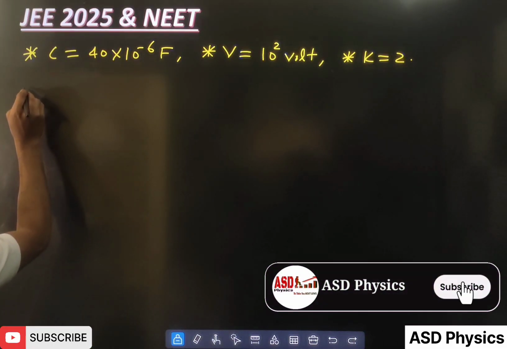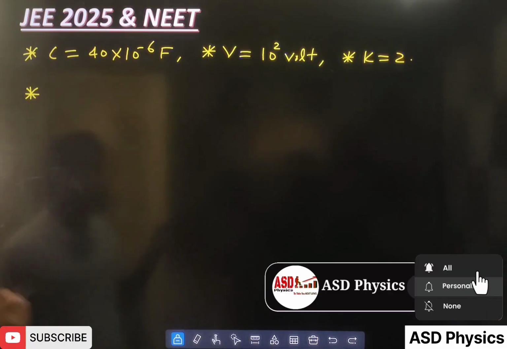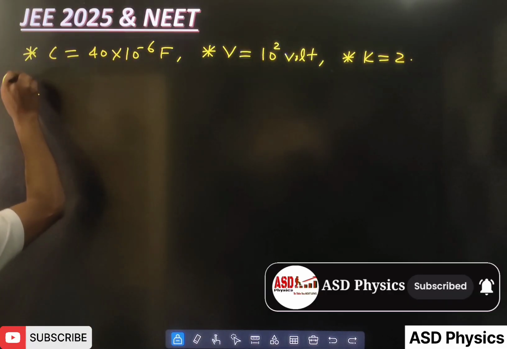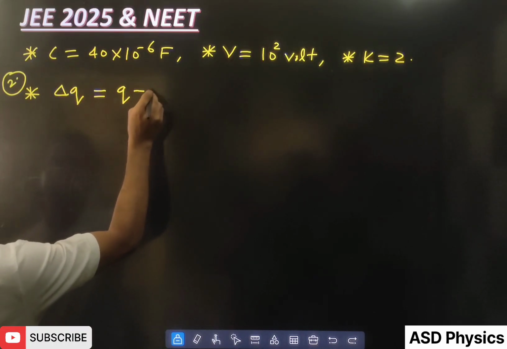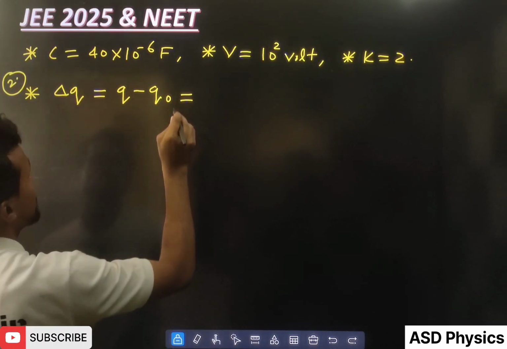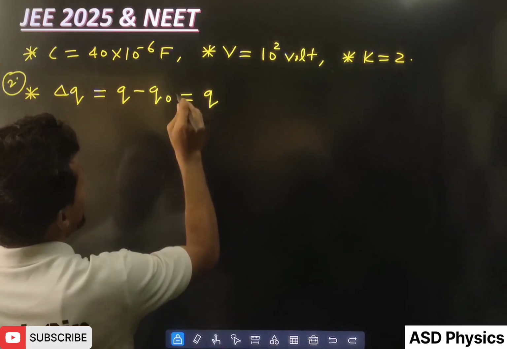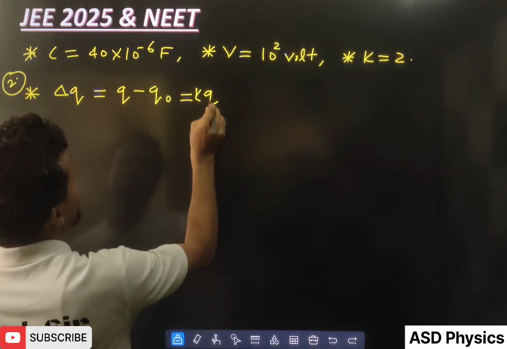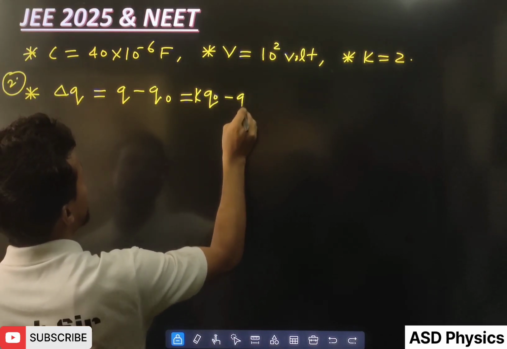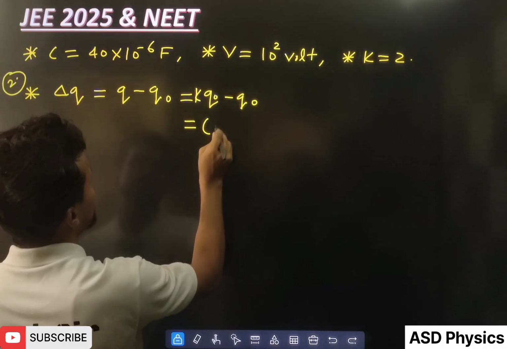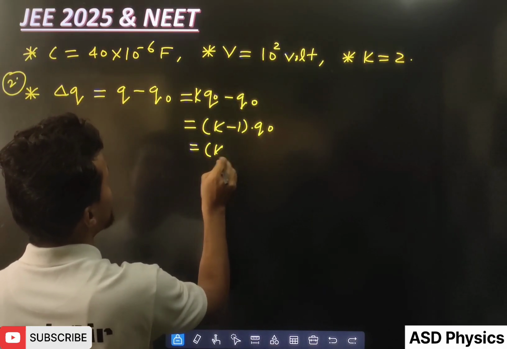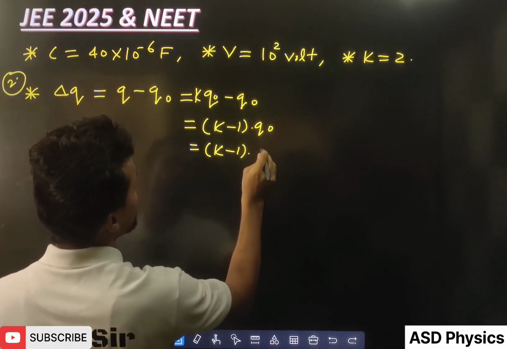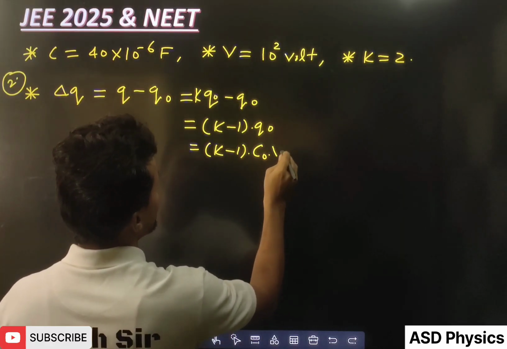In this question, the battery remains connected. That means this is a part of the second case. If I calculate the change in charge, it is Q minus Q naught. Battery remains connected, so Q will become KQ naught, minus Q naught. It becomes K minus 1 into Q naught, and Q naught means C naught into V naught.